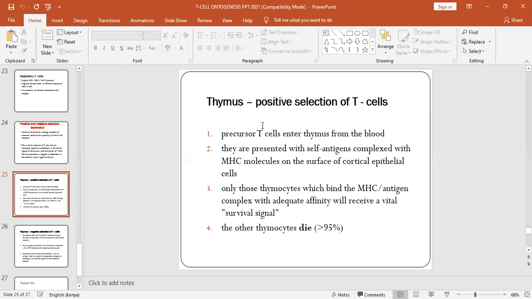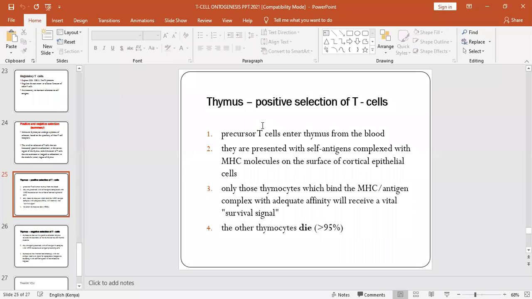Only those thymocytes which bind with the MHC antigen complex with adequate affinity will receive a vital survival signal. They must bind strongly with self-antigens, and if they don't, they don't deserve to go to the next phase, that is, the medullary region.